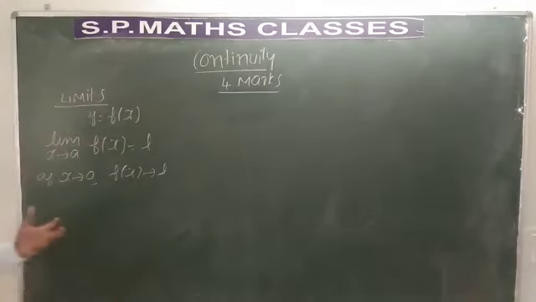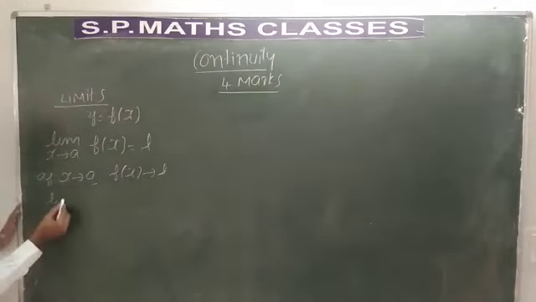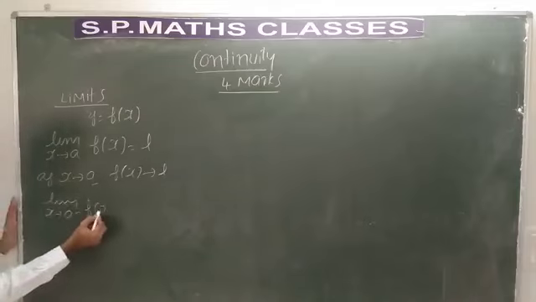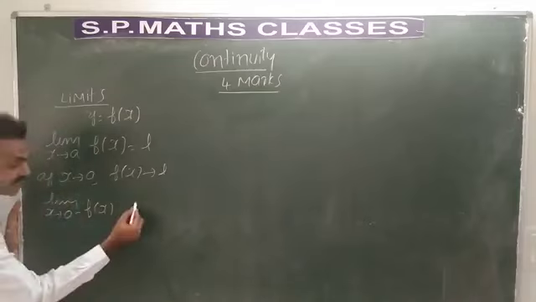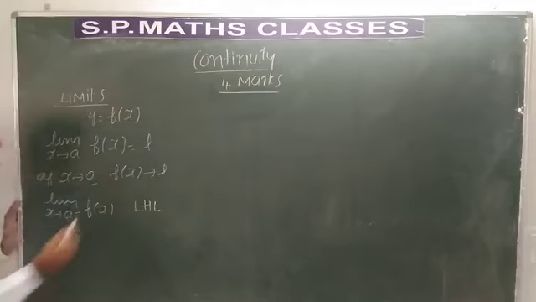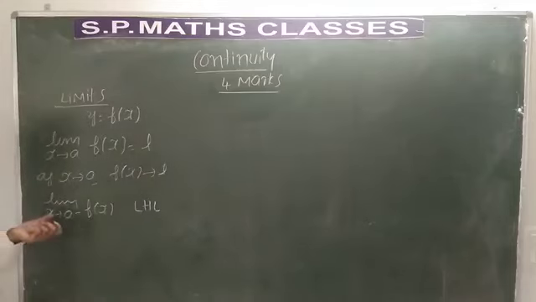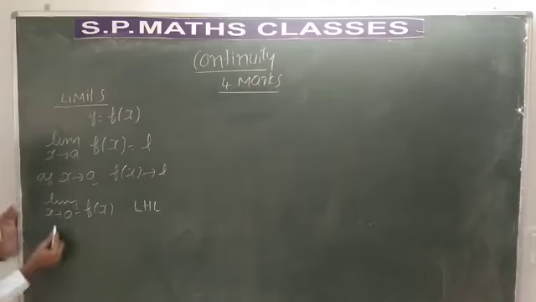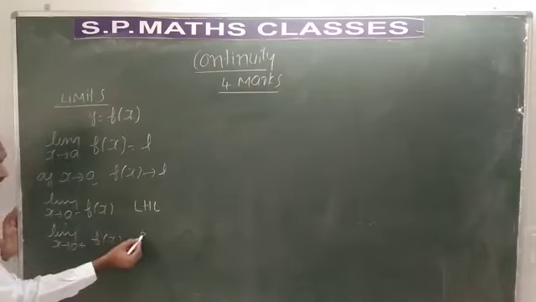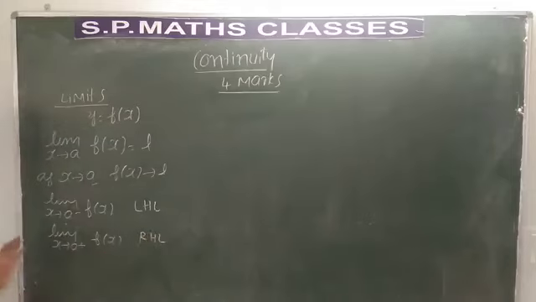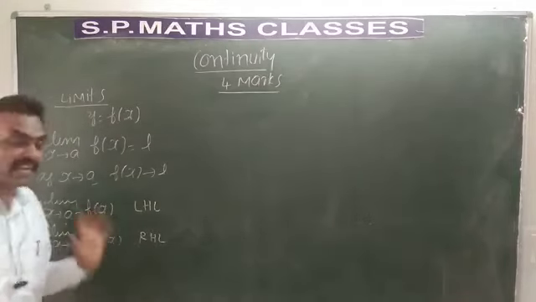So we have already learned limit as x tends to a minus, f of x. This is called the left hand limit. And limit as x tends to a plus, f of x is called the right hand limit. You know, left hand limit and right hand limit.